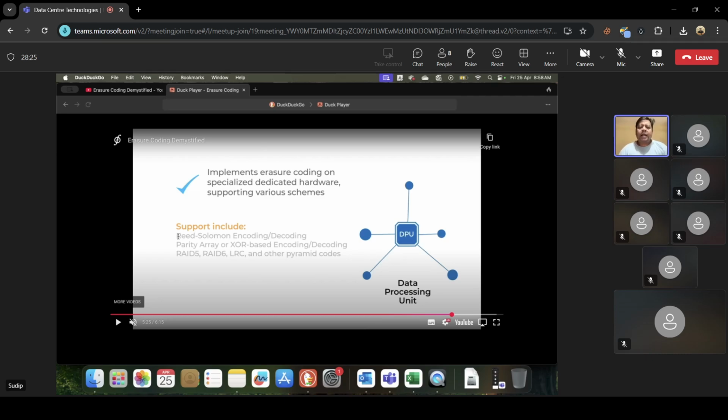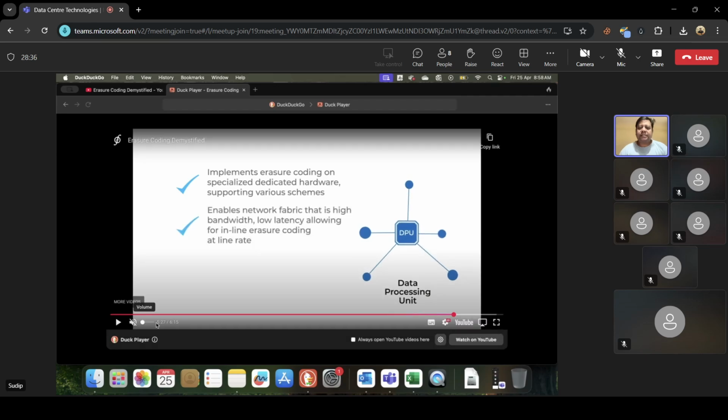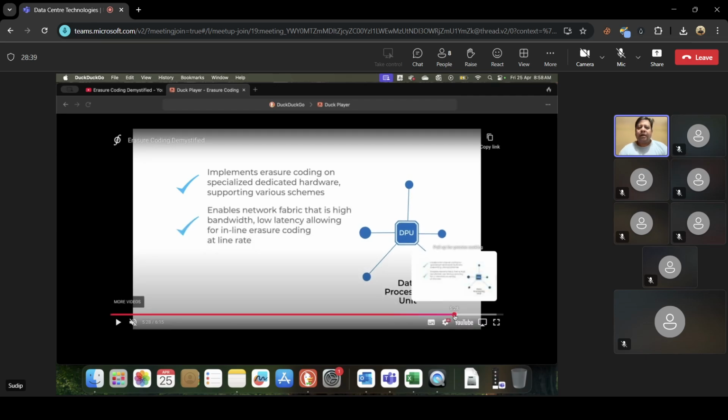The most common algorithm that is used for erasure coding is the Reed-Solomon algorithm. That's the algorithm that is mostly used for erasure coding.